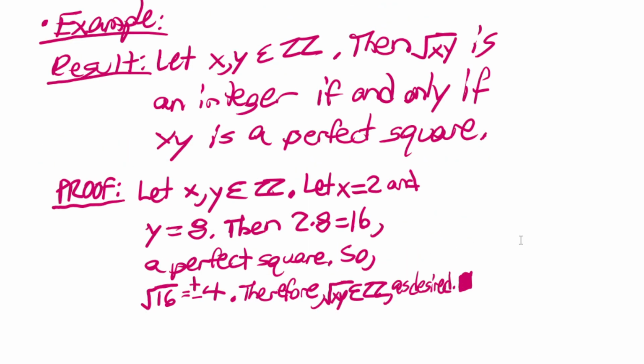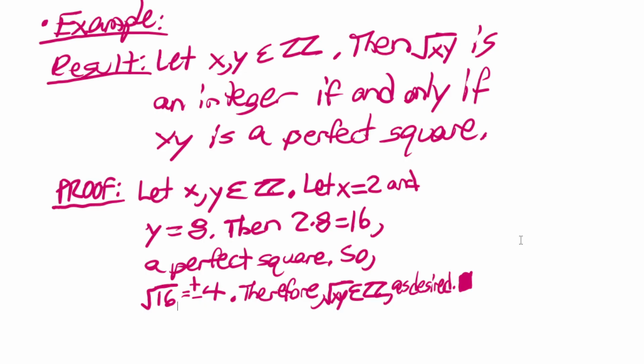And here's the proof that we are given of this result. The proof states that let x and y be integers and let x equal 2 and y equal 8. So then 2 times 8 equals 16, which is a perfect square.